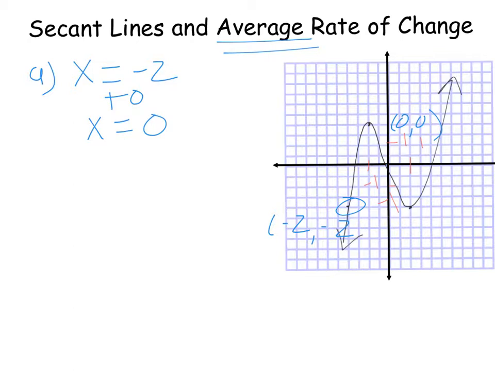Okay, this point right here, by the way, is 1, -2, and over here we have -1, -2. All right, now I have those 2 points, and I draw in my secant line. Now that's an average. There's a lot going on with this graph between -2 and 0.